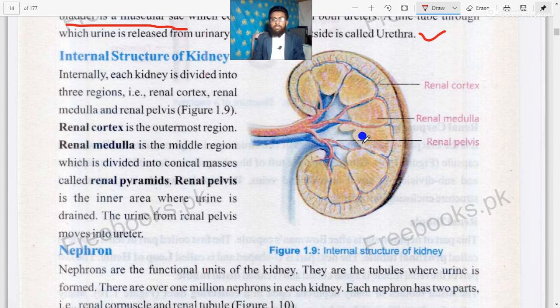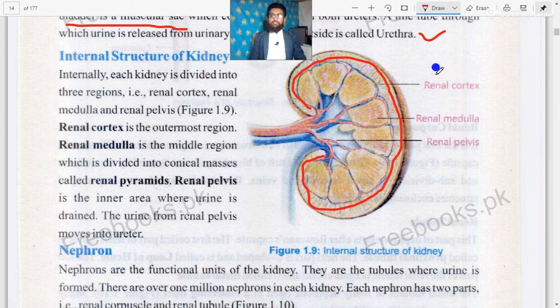Here we can see that the renal cortex is the outer region of our kidney. Here I am drawing a red line, showing that this whole outer region is the renal cortex. Dear cadets, it is the outermost region of our kidney.